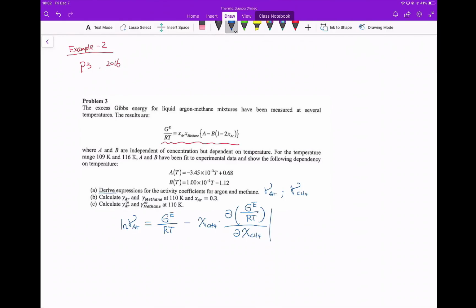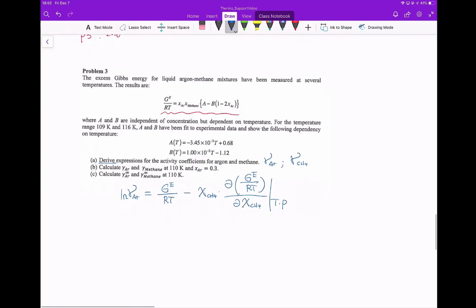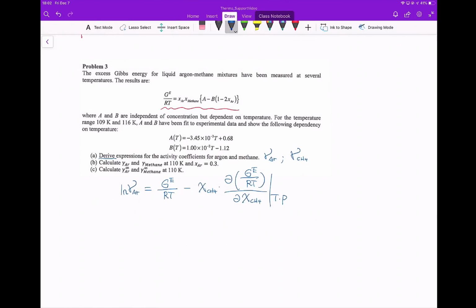Of course, temperature and pressure are fixed. If I know that, then GE over RT is expressed as X argon X methane times A minus B times 1 minus 2 X argon.